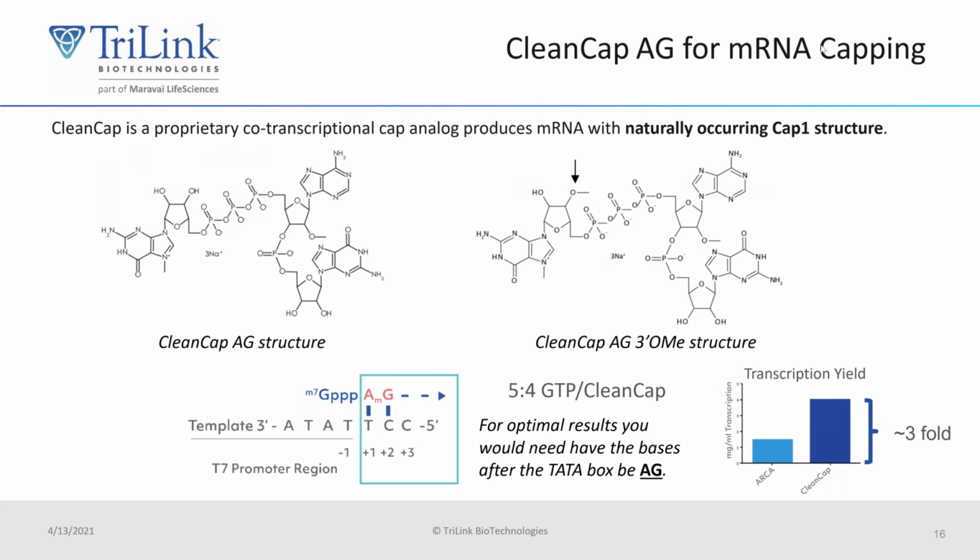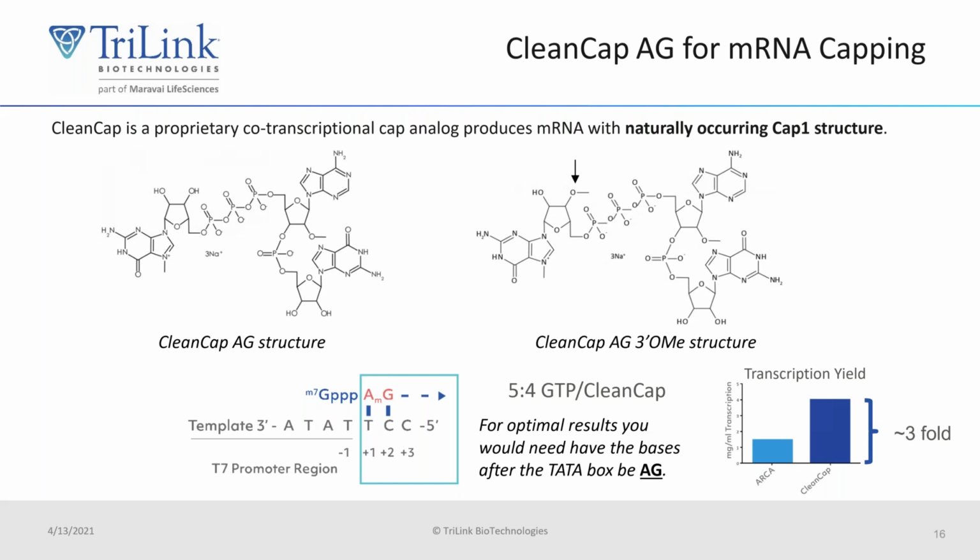All right, so our next question here, is CleanCap compatible with any T7 and any buffer? So at TriLink, we do use T7 RNA polymerase and a very specific buffer for our transcription. Those buffer conditions are highlighted on the product insert for the CleanCaps.